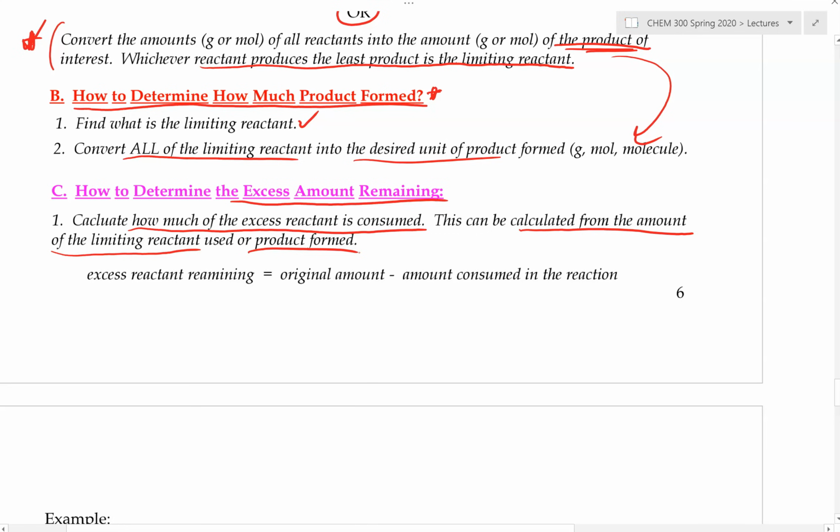And the amount remaining would then equal the original amount, which is the given amount, minus the amount that you consume in the chemical reaction, based on the calculation that we did above. That way, we'll be able to figure out how much of the excess reactant is remaining.